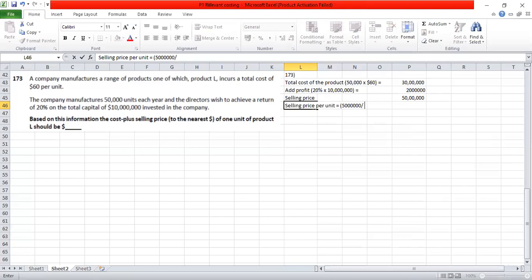The number of units are 50,000. Okay, so that's the answer, $100.